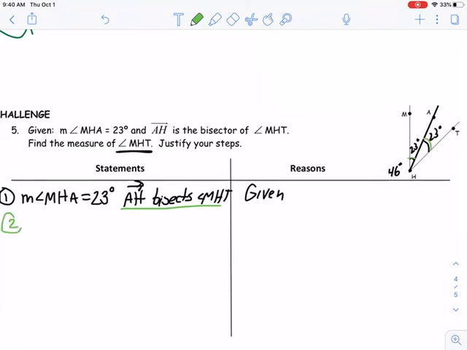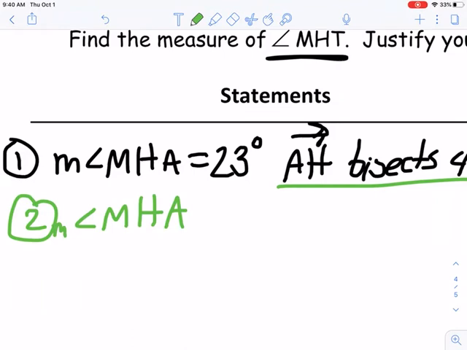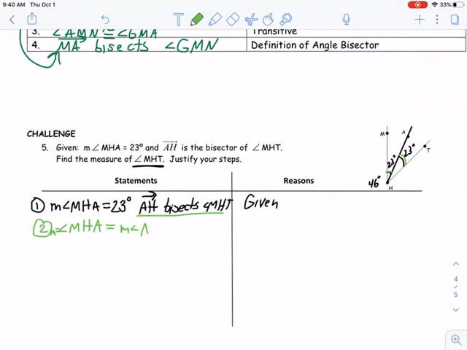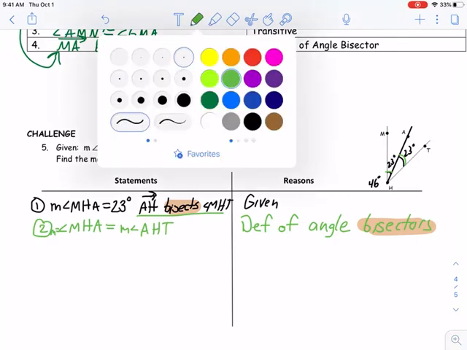So I'm going to say the measure of angle MHA equals the measure of angle AHT, definition of angle bisector. Remember, we use buzzwords. An angle bisector creates two congruent angles, not two congruent segments. Students like to confuse that all the time.